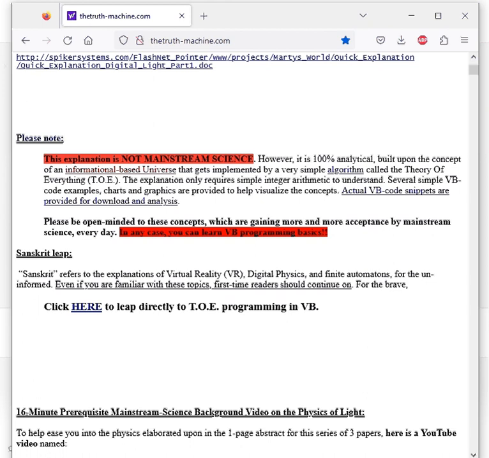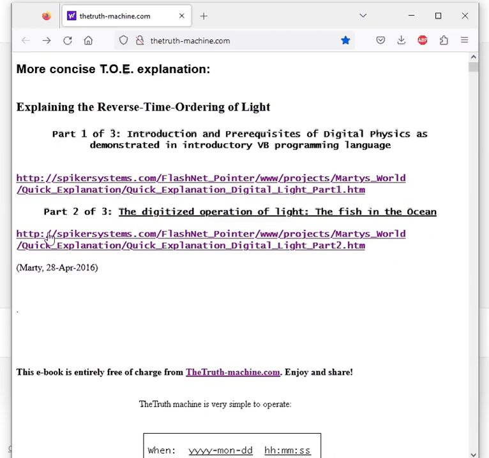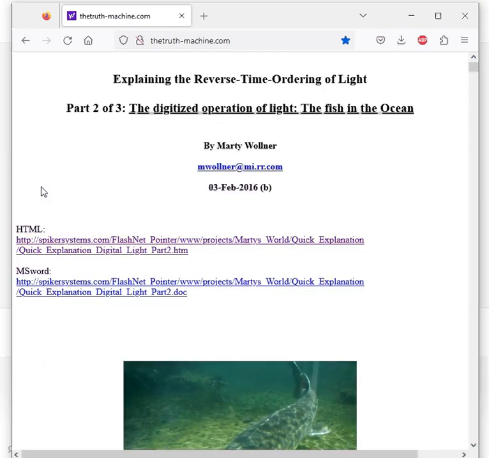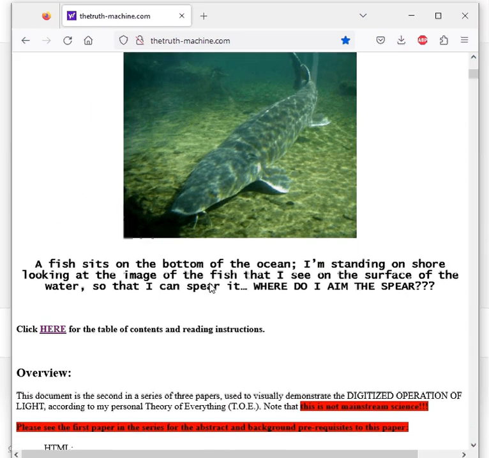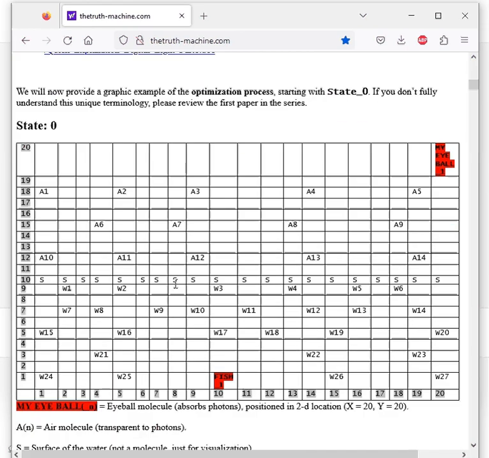I'm not going to go into it with too much detail, and I want to show you what the second book looks like. The second book is called The Digitized Operation of Light, The Fish in the Ocean. Now this one takes off from the first book and provides an example here.